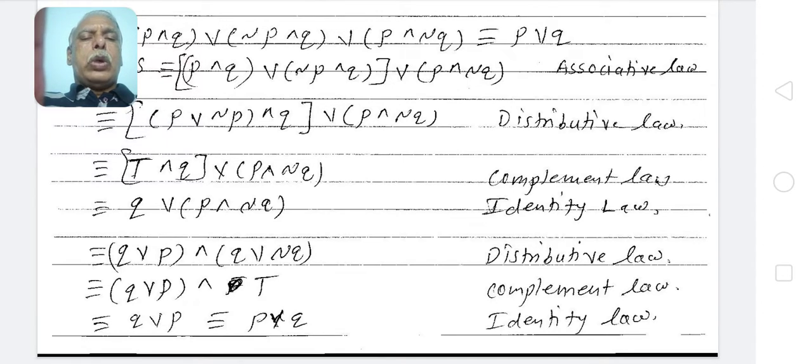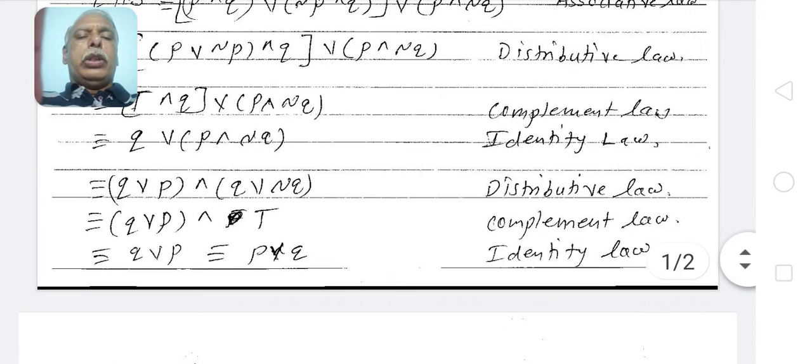Therefore Q or P, which is nothing but P or Q, because Q or P and P or Q are both the same because of the commutative law. And this way we can prove that LHS is equal to RHS.